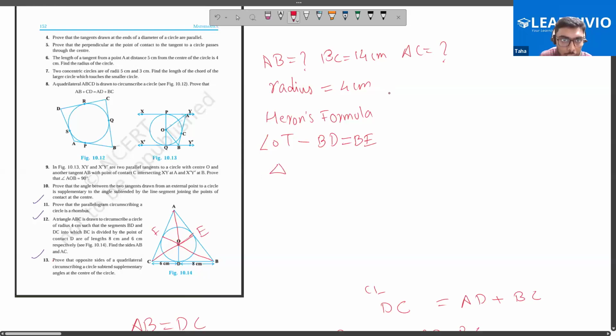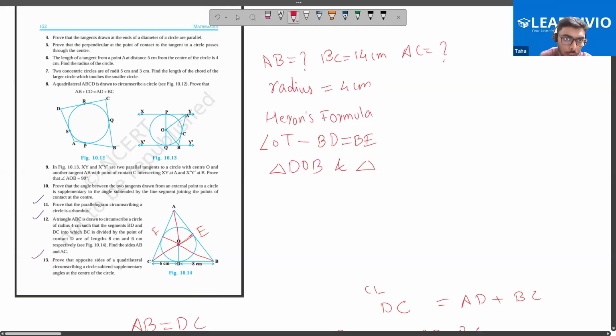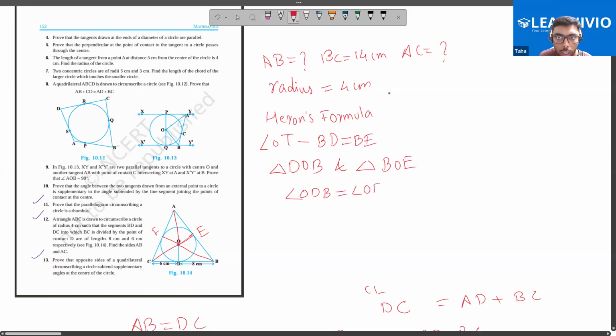Let us observe triangle DOB and triangle BOE. Over here you can notice angle ODB is equal to angle OEB, which is 90 degrees, right?